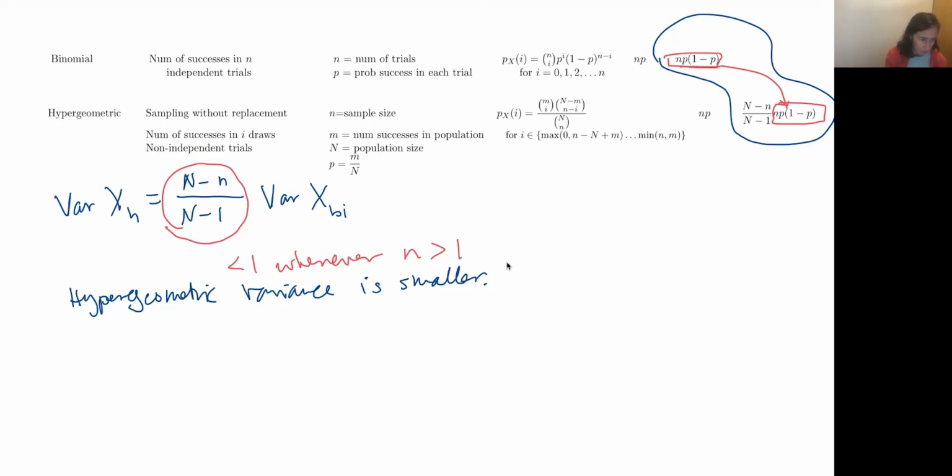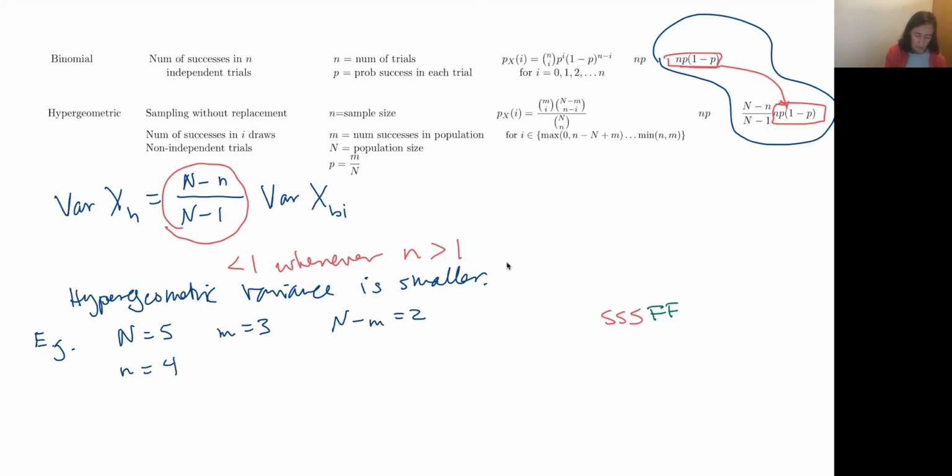So let's do a quick example here. We're going to have the same case that we were thinking of in the previous example, where we've got a population of 5 with 3 successes, so we have 2 failures in the population. And now we're going to draw a sample of 4. So we've got those 5 total in the population, 3 successes, 2 failures, and we're going to pick a pretty big sample here.